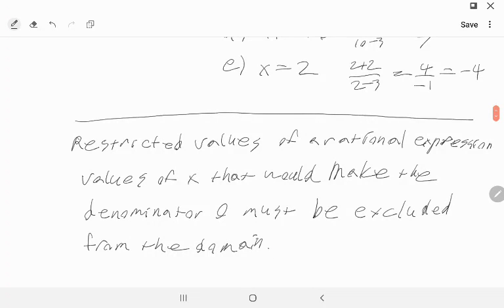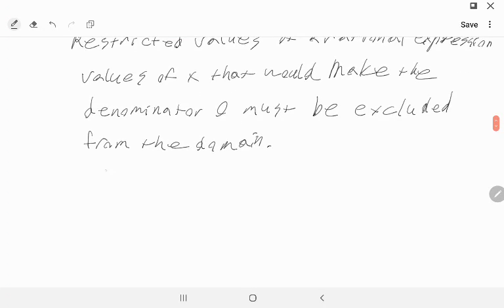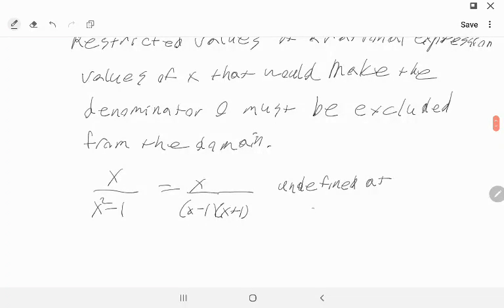So this is pretty obvious in cases like x divided by x squared minus 1. We can write that as x divided by x minus 1 times x plus 1. And so we can see that this is undefined at x equals 1 or negative 1.